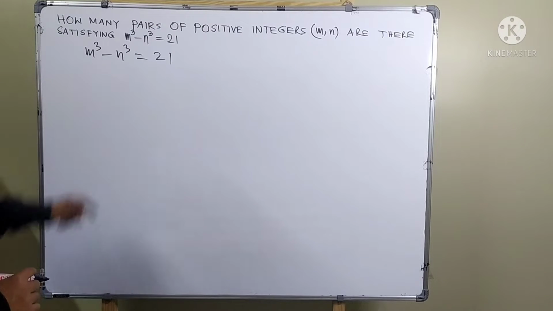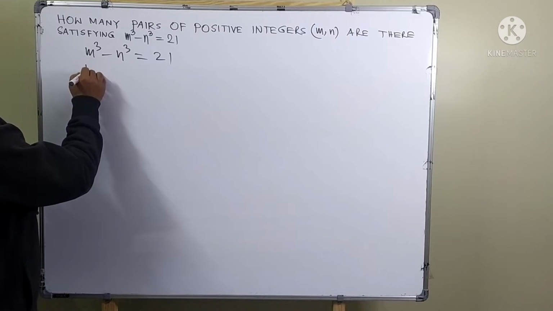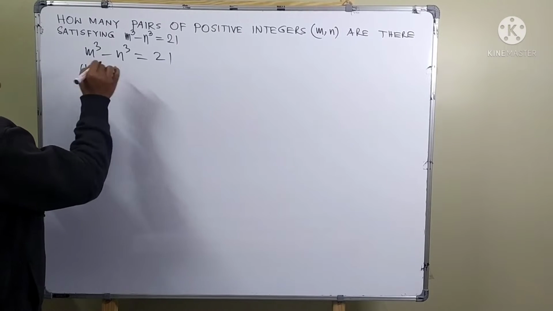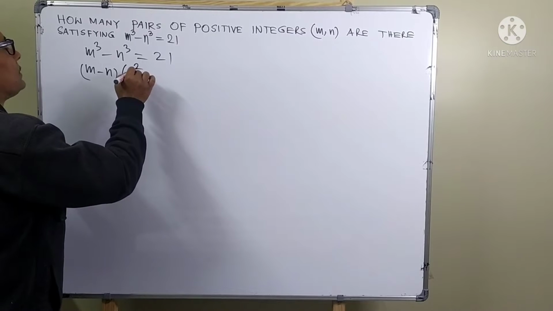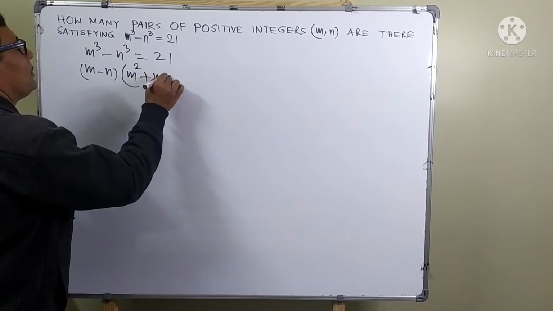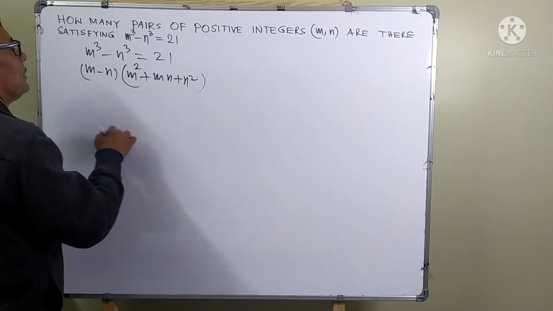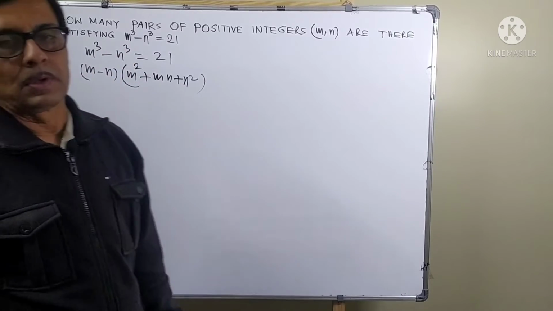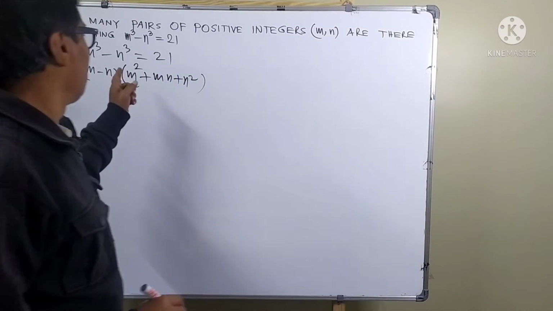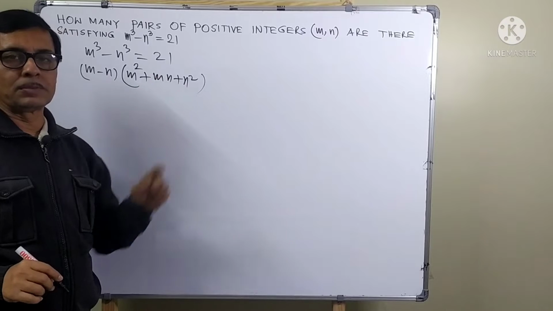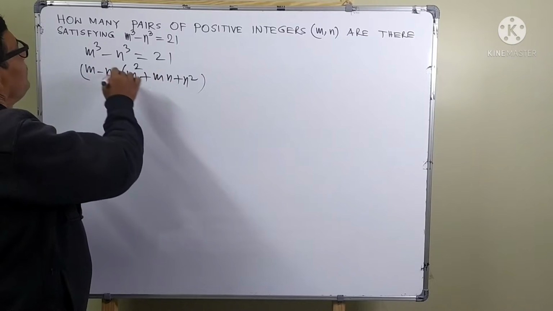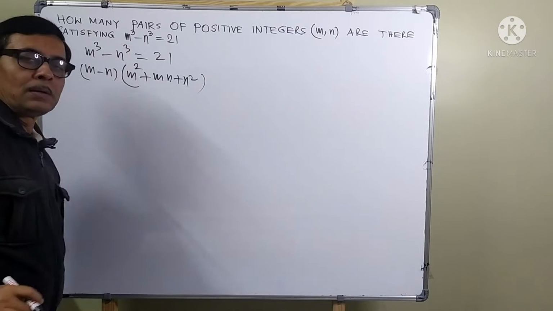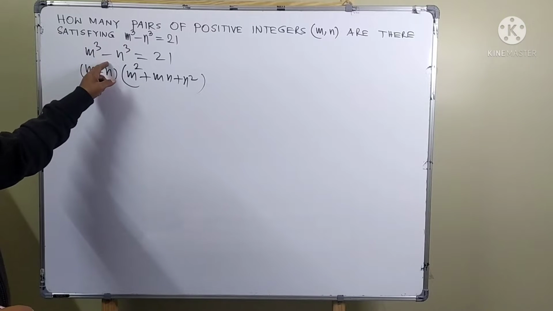Factorizing the left hand side, we get m minus n, using the formula a cube minus b cube is equal to a minus b times a square plus ab plus b square. This is the algebraic formula. In this way, we have factorized the left hand side of this equation.